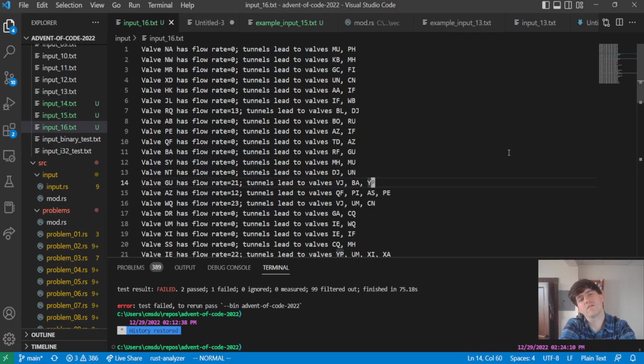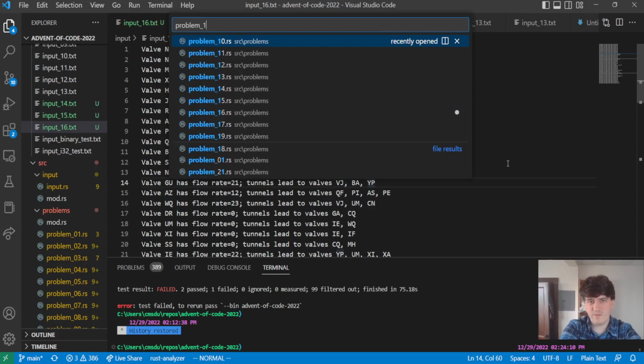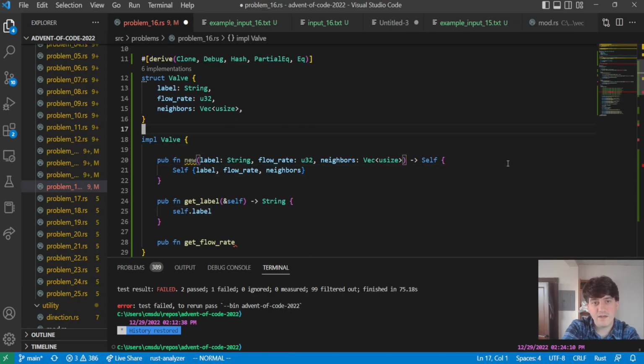Pressure per minute. Pressure rate. Something bothers me about that units-wise, but I'm not going to get into it.